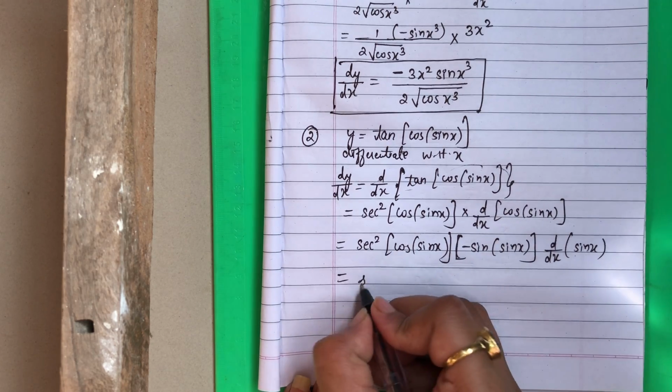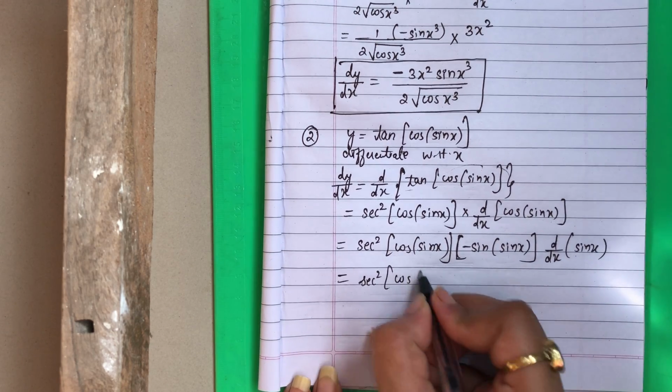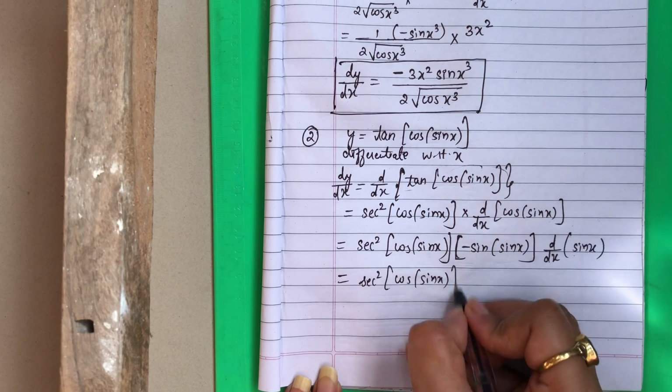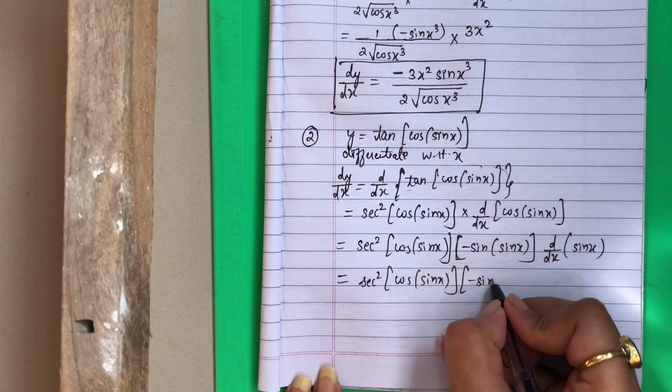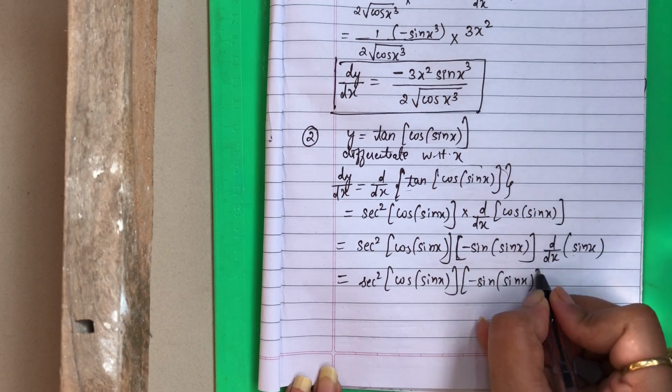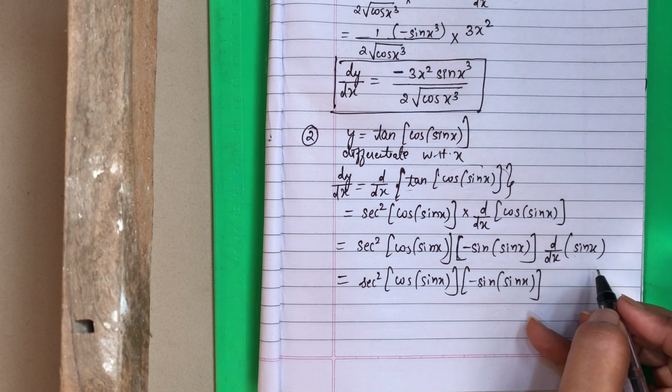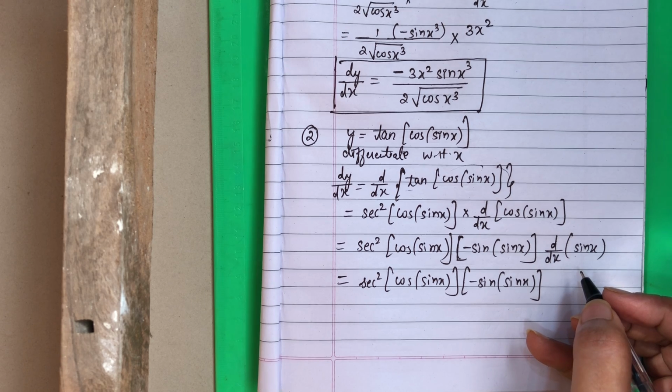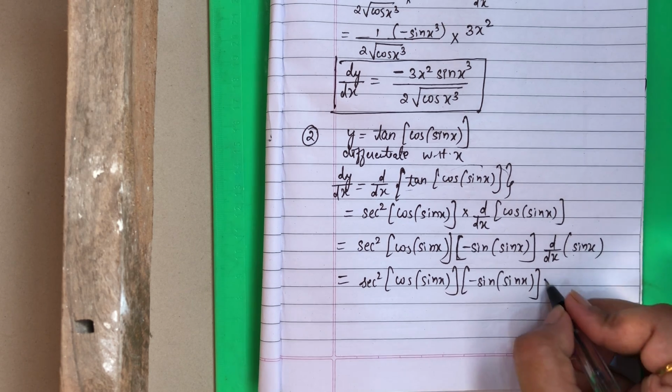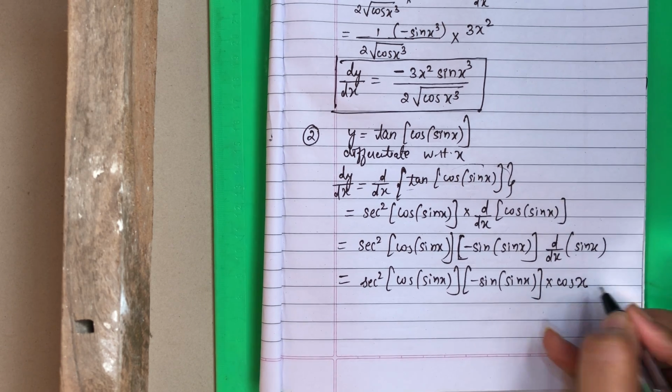So copy the same sec square cos sine x, minus sine of sine x, and d by dx of sine x is cos x into cos x.